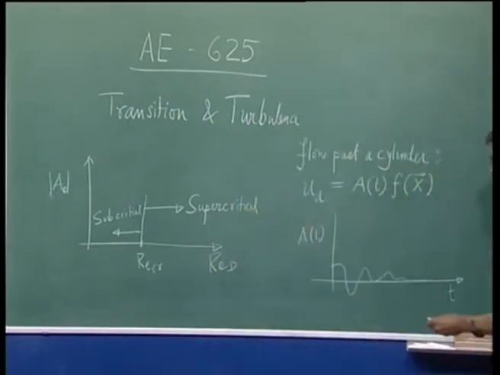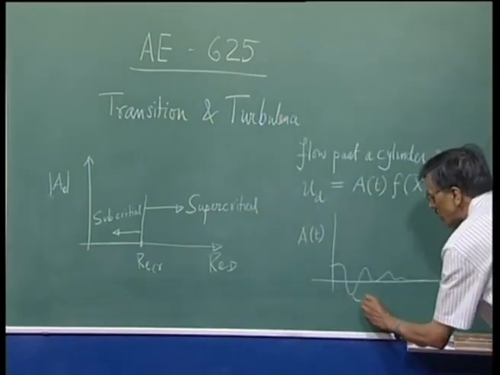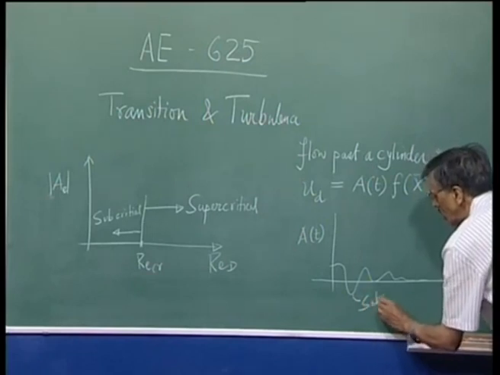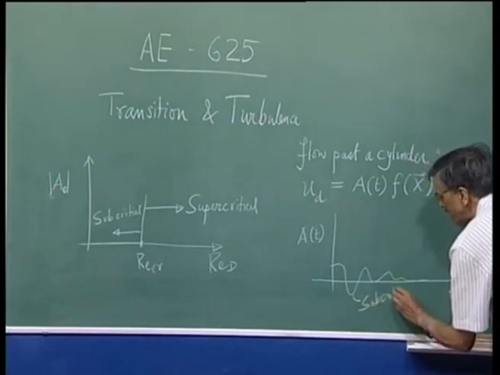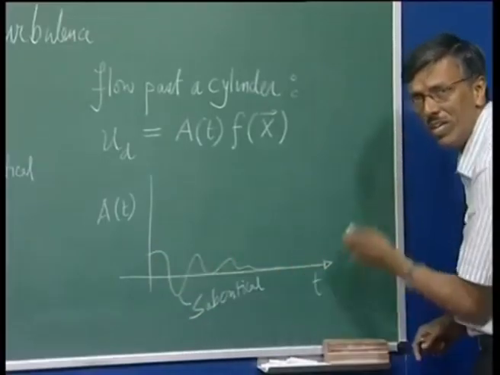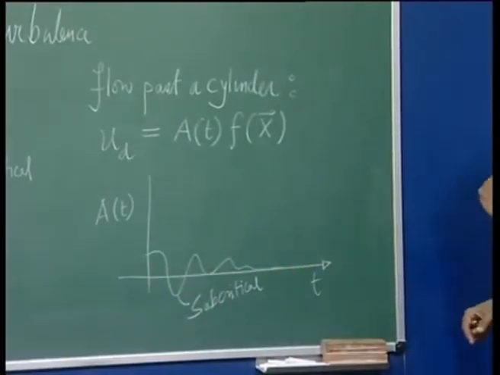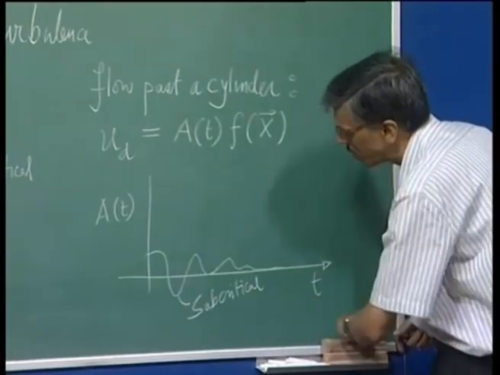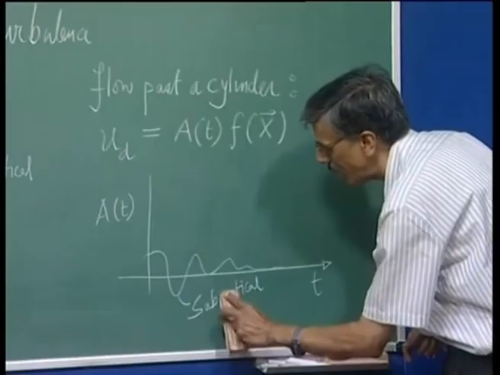So, this is your subcritical solution, where you may have initially created some disturbances at t equal to 0, but eventually decays. Whereas, in the supercritical case, something different happens.